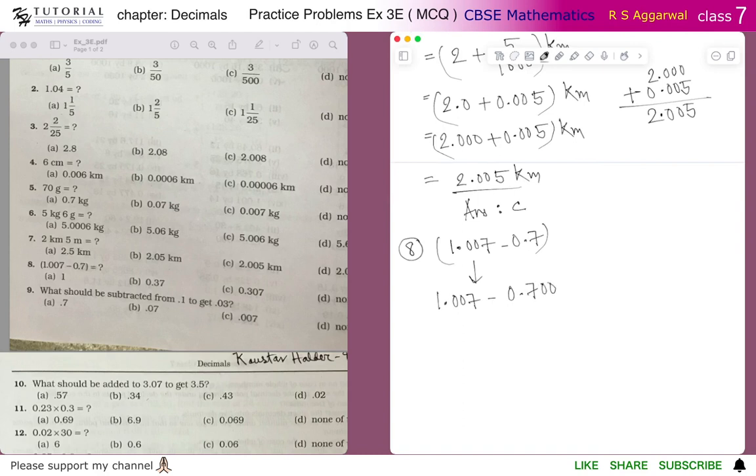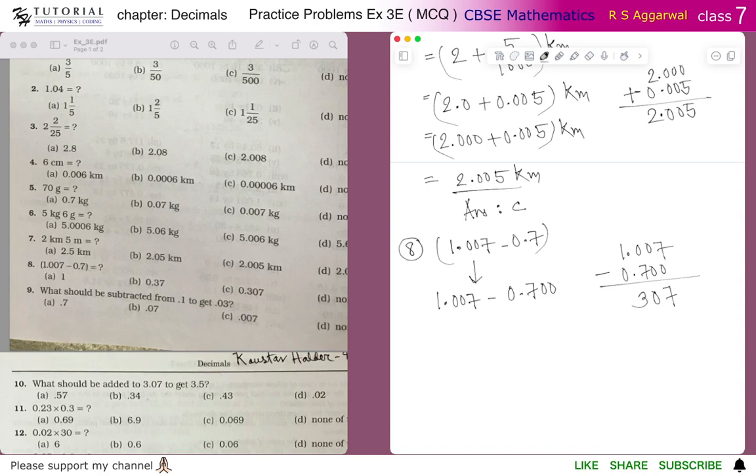Now we subtract. We write the bigger decimal number first, and below it we write the smaller decimal number in the same column form, that is, the decimal points in the same column and the respective digits of the decimal part and the whole part in the same column. Then you do the subtraction just like whole numbers, and this becomes 307.